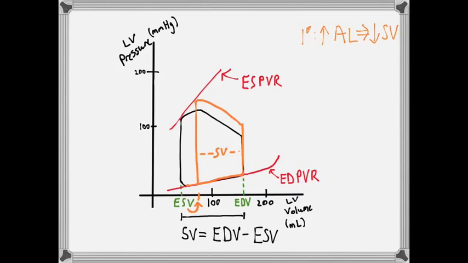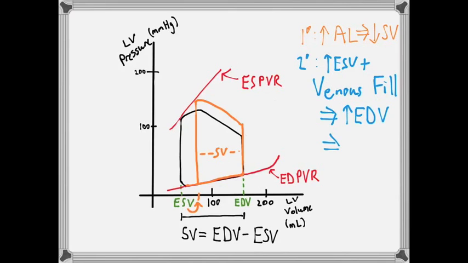Now, there are secondary effects here, and the secondary effect is that the end systolic volume will add to venous filling. Now, that will actually end up increasing end diastolic volume, and subsequently cause a compensatory increase in stroke volume. So let's observe that on our curve. We will see that the end systolic volume adds to venous filling and thus shifts the end diastolic volume to the right.